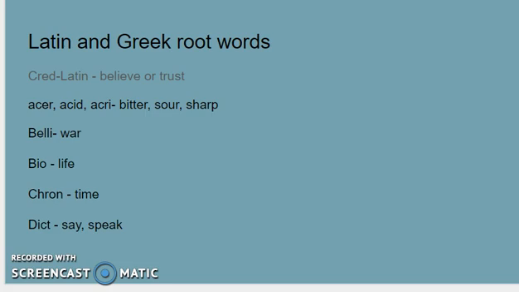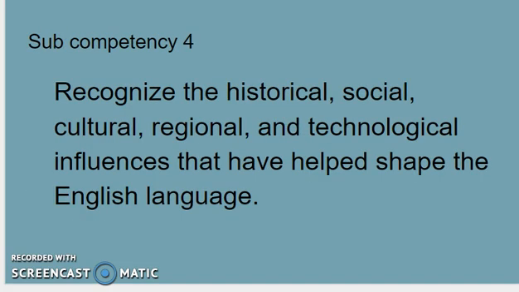And then dict means to say or to speak, and we have the word dictionary. You can learn to say new words from the dictionary also.